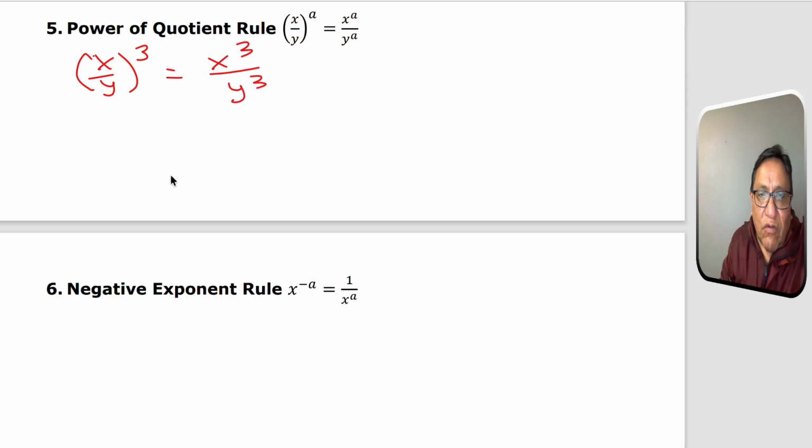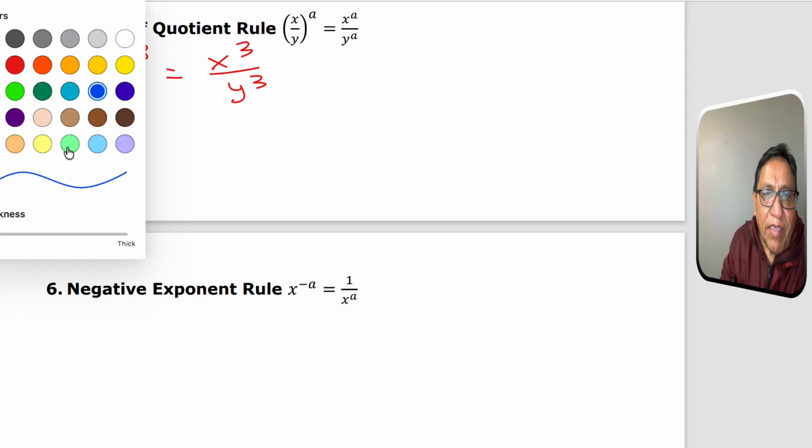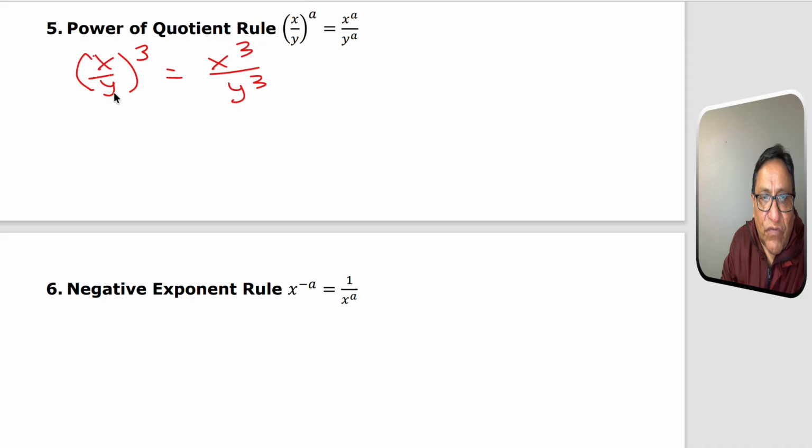Sometimes we will have something a little more complicated that involves coefficients. For example, we will have 2x divided by 3y, all to the power 2.